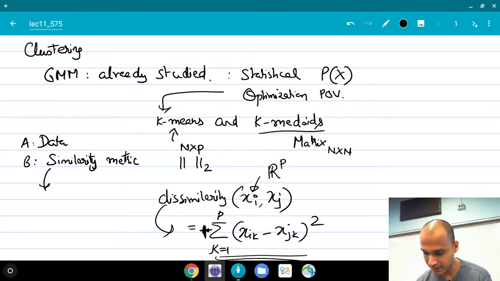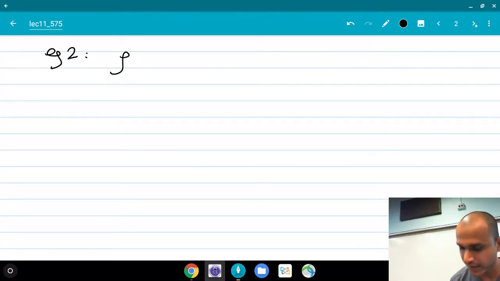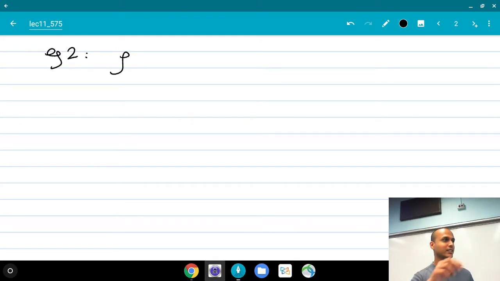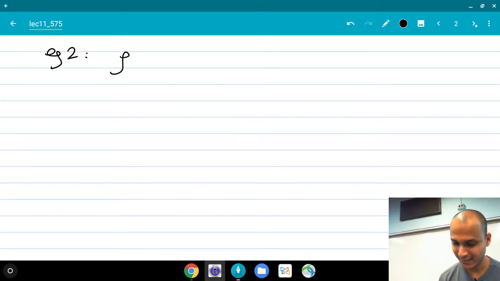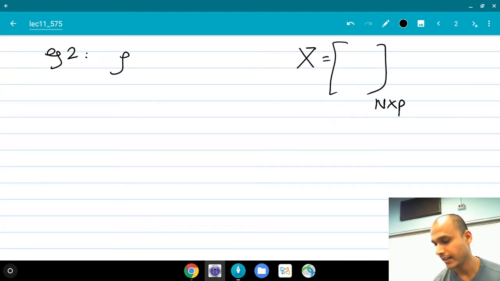Another example. So this is example 1, and example 2 is the correlation. I'm just using this symbol rho, just think of it like a p with a squiggly underscore there. So let's say my data matrix X is n cross p, right?